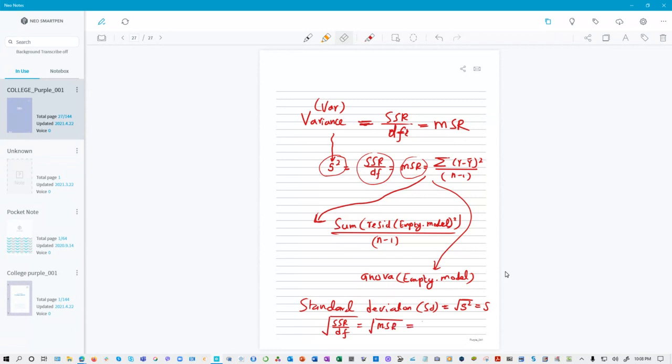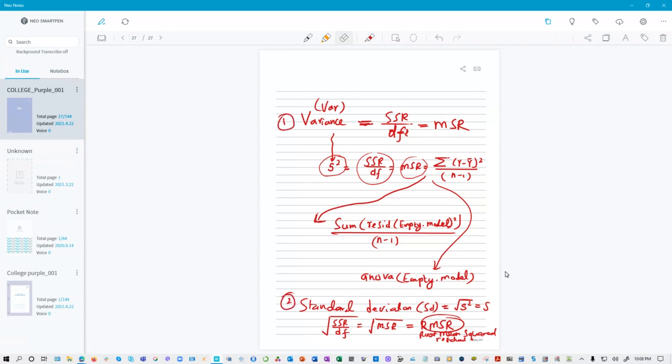Another name for this is root mean squared residual. That's the standard deviation, the second one. This is the first one.